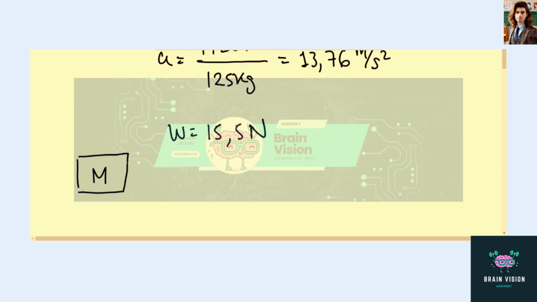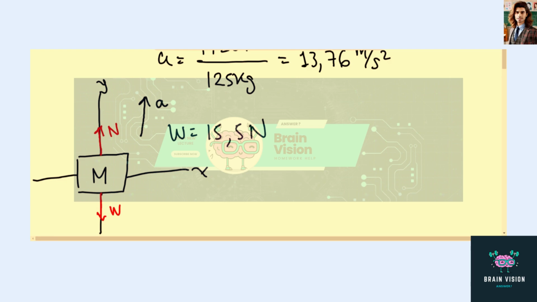So we first need to draw all the forces that are acting on this body. We are drawing the axis. The forces acting are the normal force, perpendicular to this surface, and the weight, and we also know that the rocket is moving upward with an acceleration a.